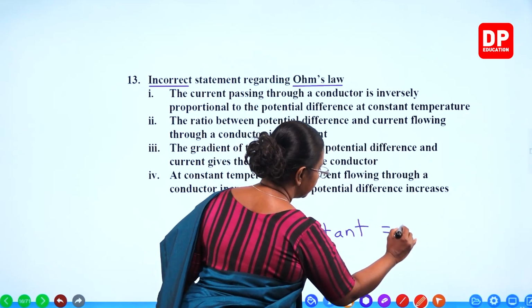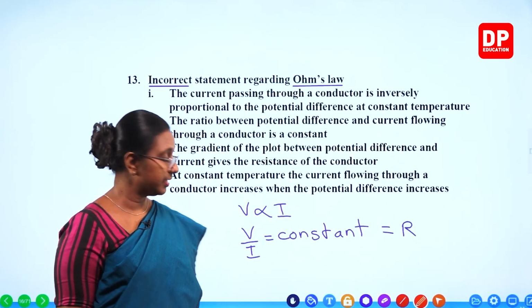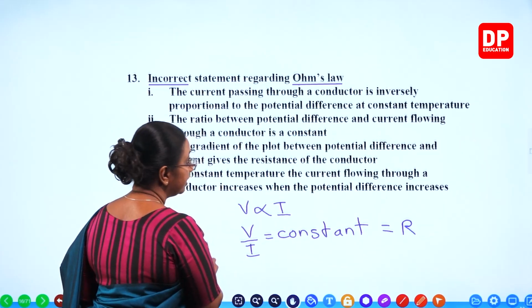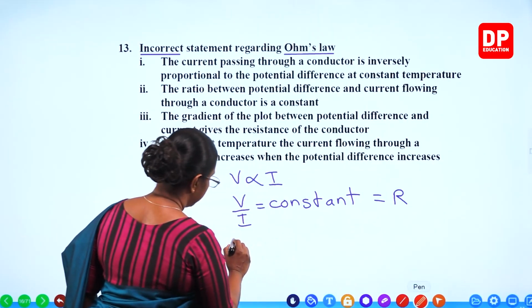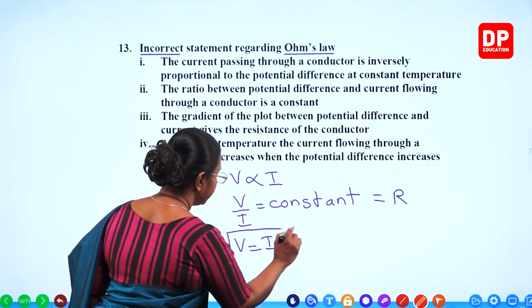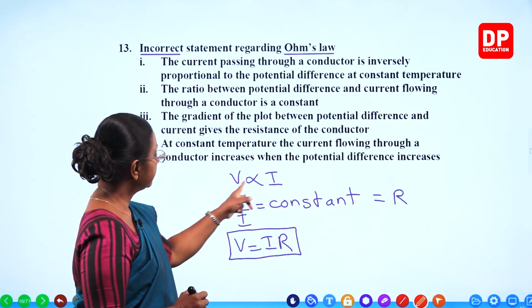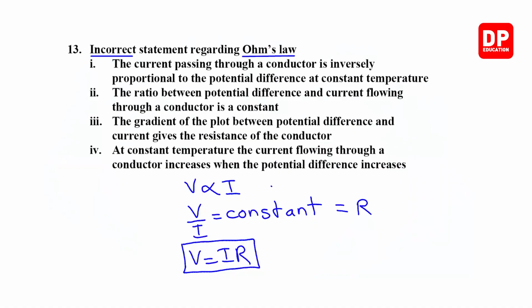And that constant is what we call the resistance of the conductor. From that, we get the equation V equals IR. That is the equation for Ohm's law.